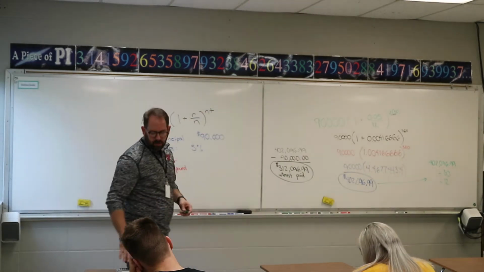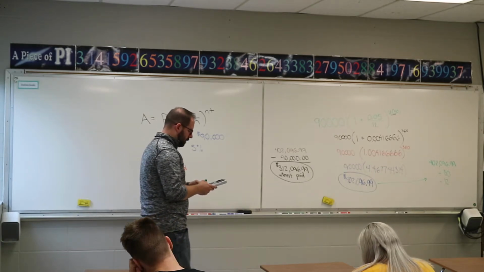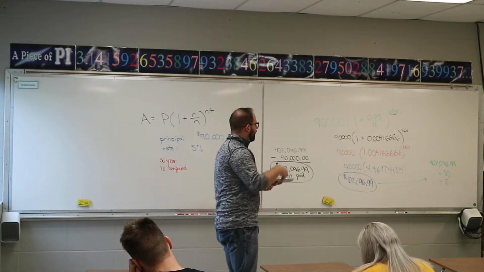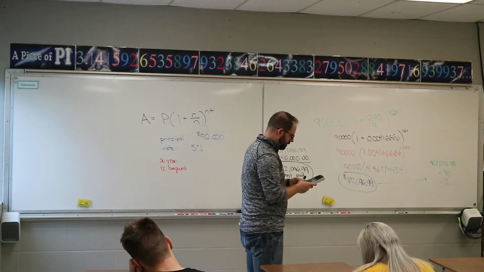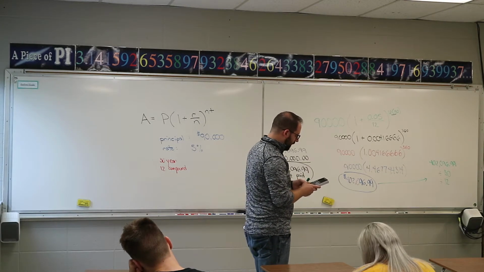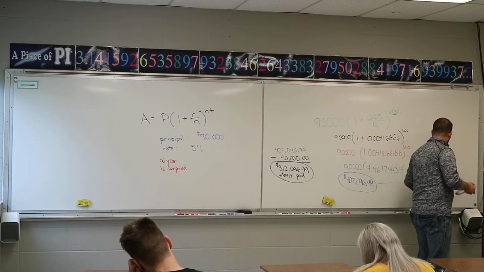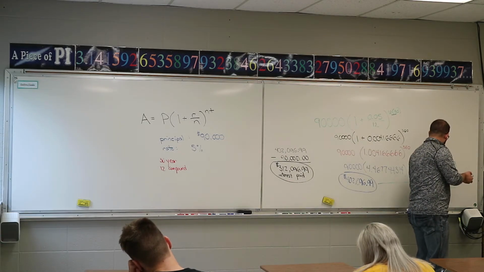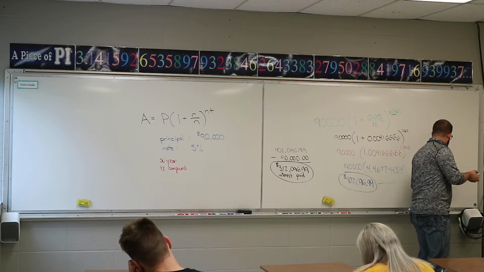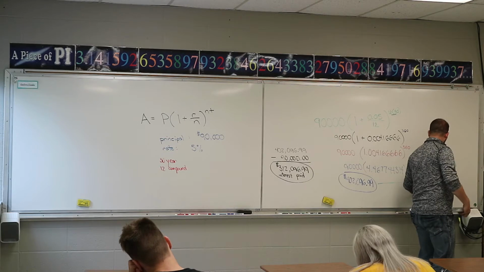You divide by each number, so just do them one at a time. So in my case, if I divide by 30 and divide by 12, my monthly payment on this home is $1,116.94.